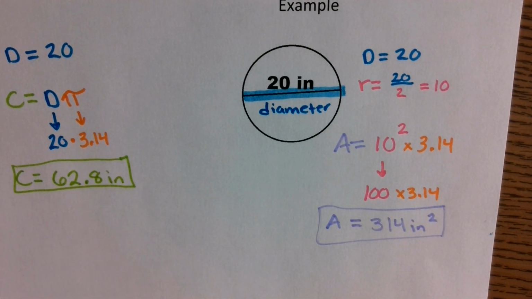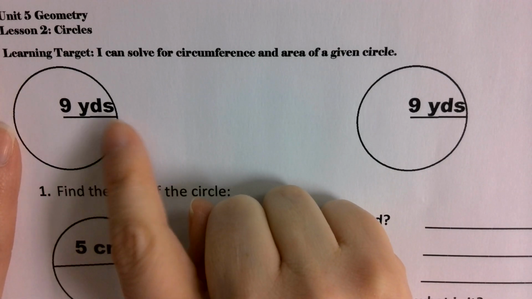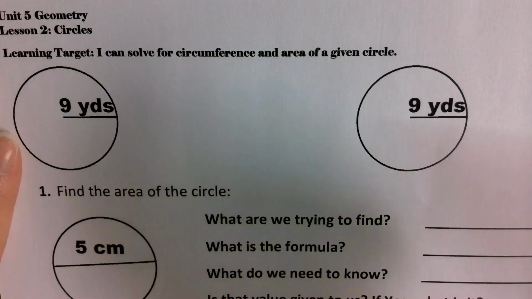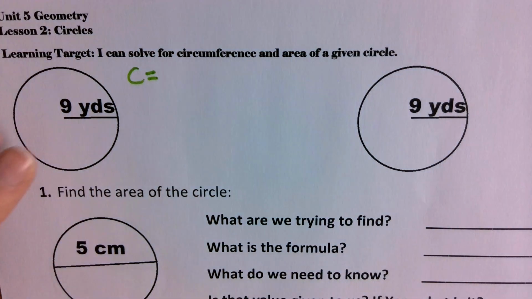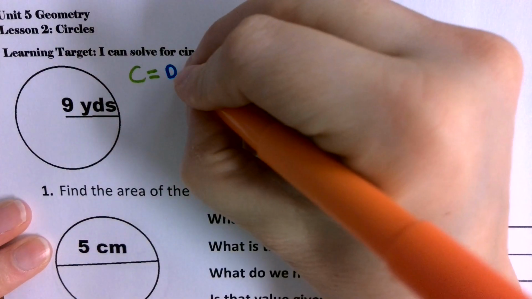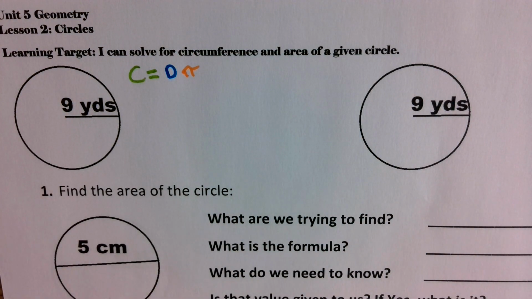All right. We'll do one more example together. If I have 9 yards for my measurement here, and I want to find the circumference, guys, I need you to stop. I want to find the circumference, so I need to do the diameter times pi. What measurement is 9 yards in this case? Radius.